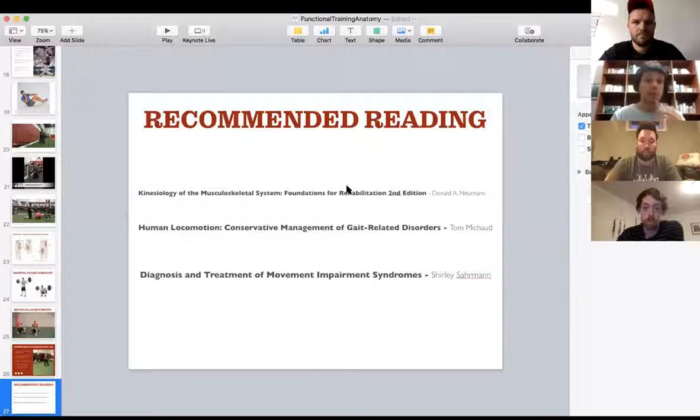Some of the things might be dated, and some might be outside of your scope if you're not a PT, but I think it gives you a big picture perspective of things like agonists and antagonists, some of the stuff that Damien talked about, to help make decisions. So we'll put those three books in there, and I will also include all the references from the slides as well. I have PDFs of all the research, so I'll send those over to Brendan.